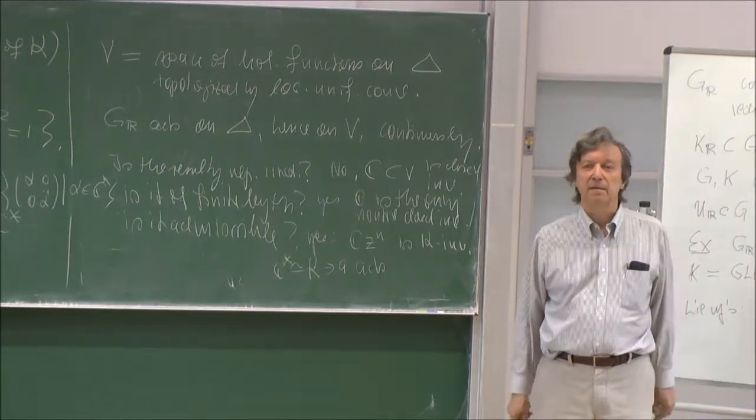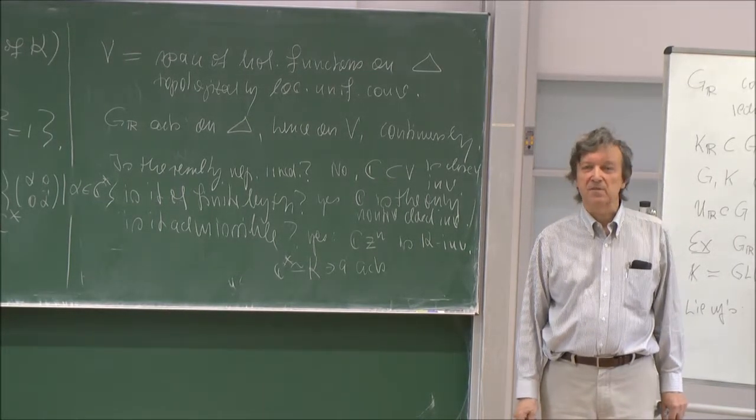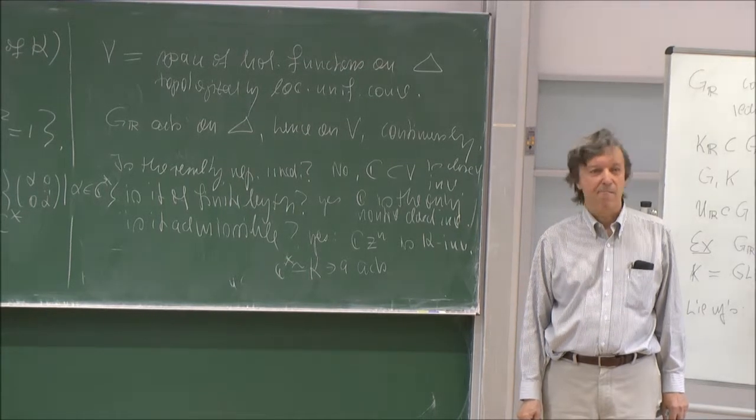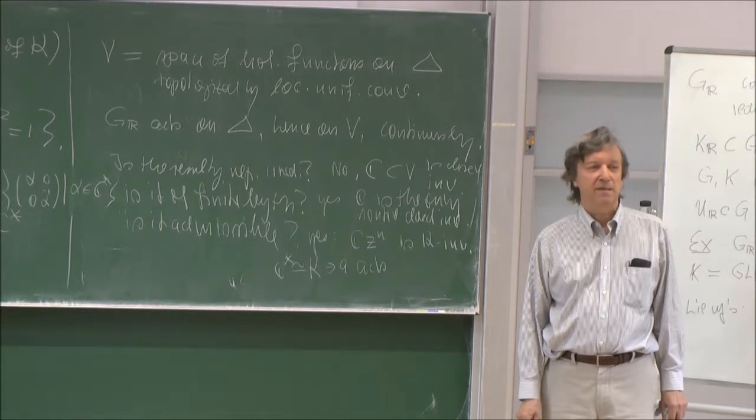A acts by multiplication by a squared, so what does it do to z to the n? a to the 2n? How can this be?